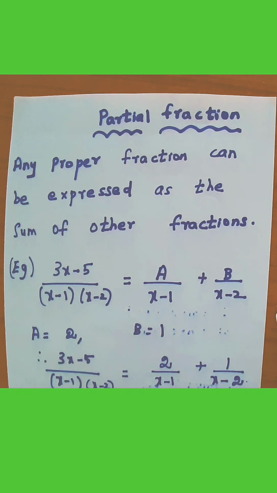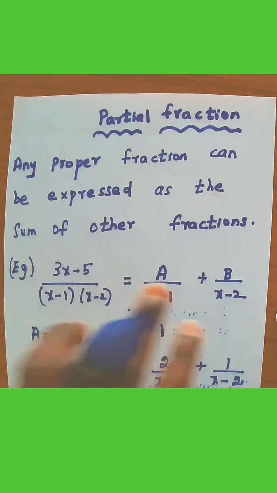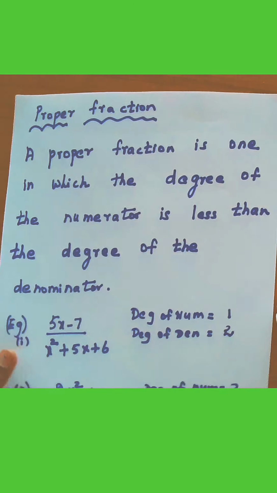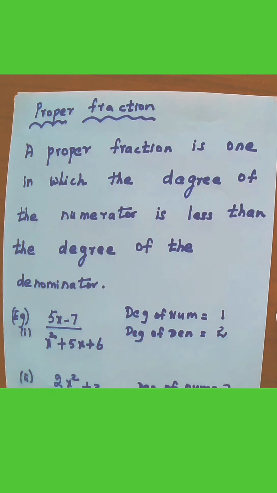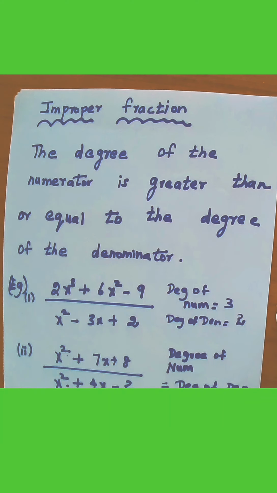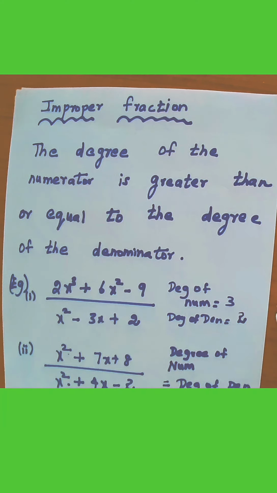This is how we express the given fraction in terms of partial fractions. Then we discussed proper and improper fractions. A proper fraction is one in which the degree of the numerator is less than the degree of the denominator. That's very important, you should not get confused. An improper fraction is one in which the degree of the numerator is greater than or equal to the degree of the denominator.